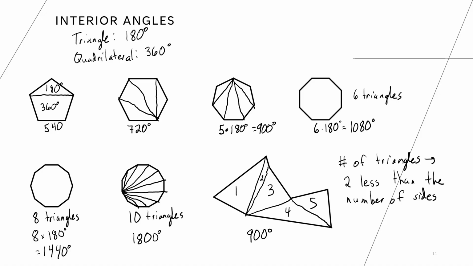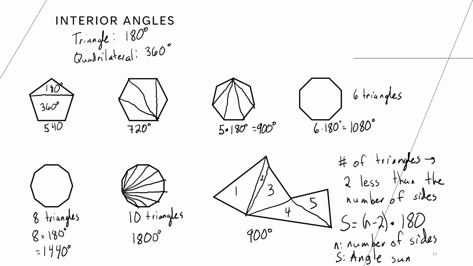So we get this formula that the angle sum s is equal to n minus 2 times 180, where n is the number of sides and s is the angle sum, because of the pattern we noticed where the number of triangles is always 2 less than the number of sides.